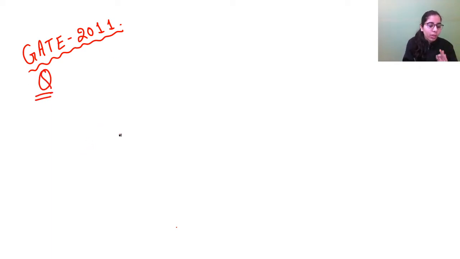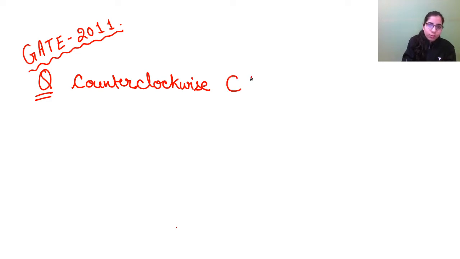The question is, consider a counterclockwise circular contour. Counterclockwise means anti-clockwise. Consider a counterclockwise circular contour which has the equation mod z is equal to 1 about the origin. This equation itself is telling us that it is about the origin.